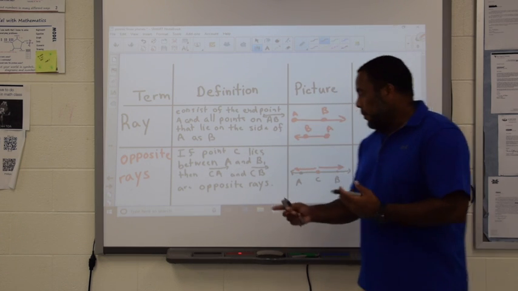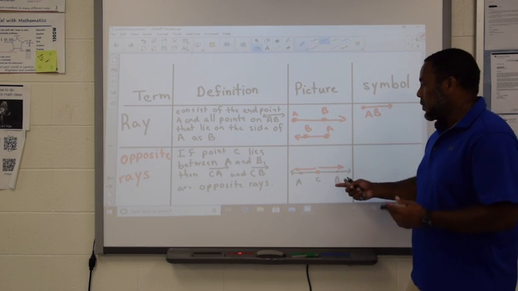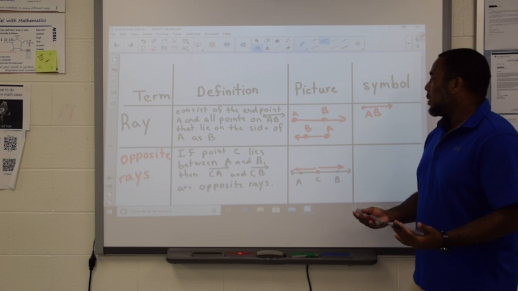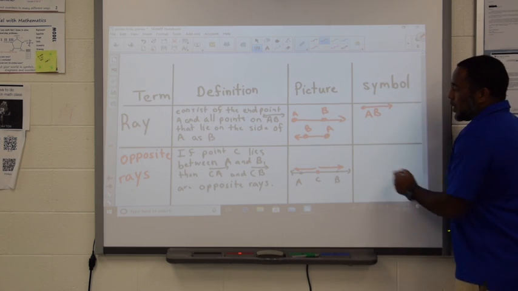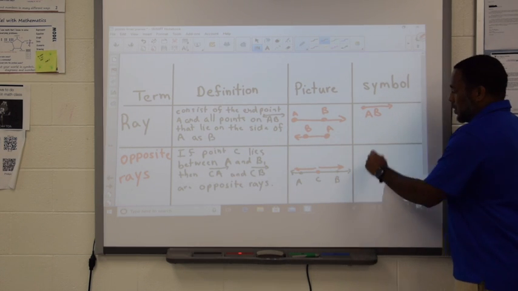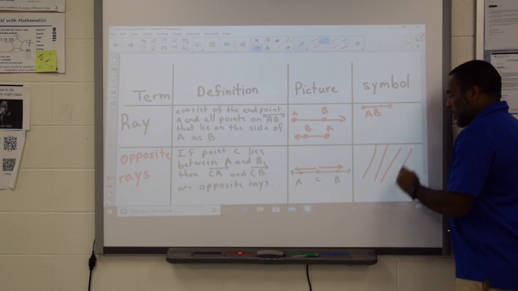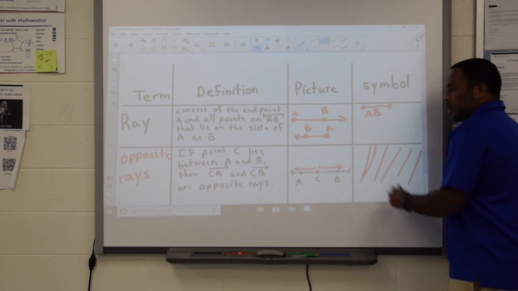Key point here is that two opposite rays form a line. And once again, there's no real symbol for this as far as opposite rays are concerned.